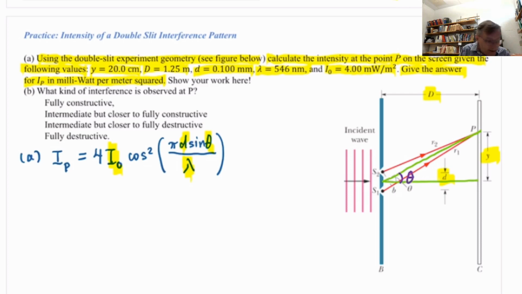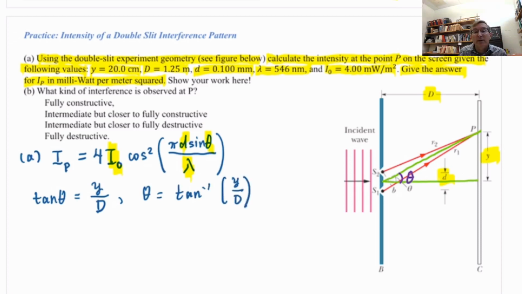Well, I think the figure makes it pretty clear that tan theta is y over big D. And I'm given y and big D, so I can find theta. It's the inverse tangent of y over big D.